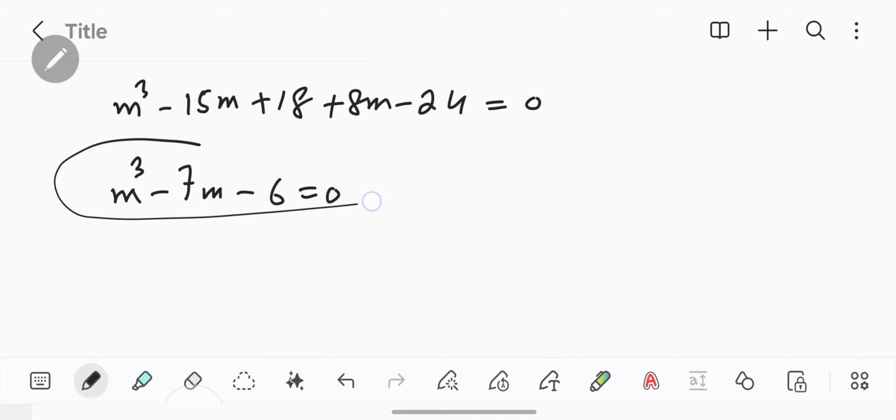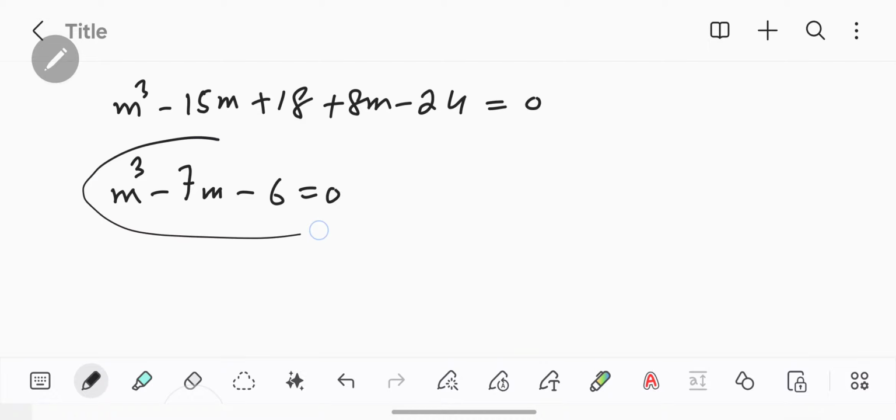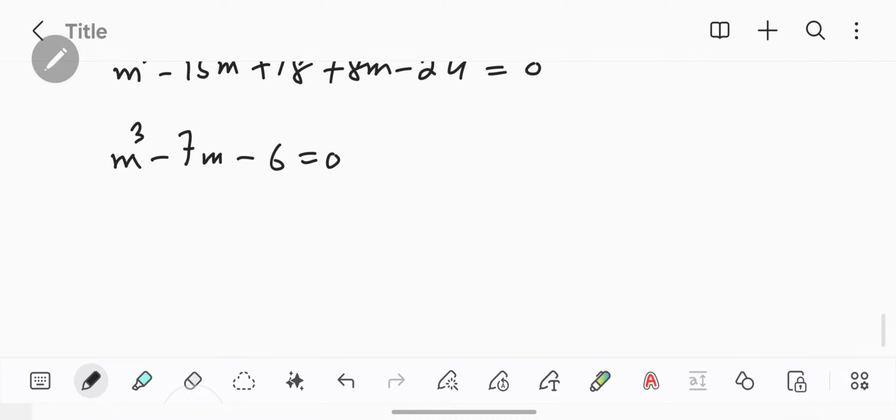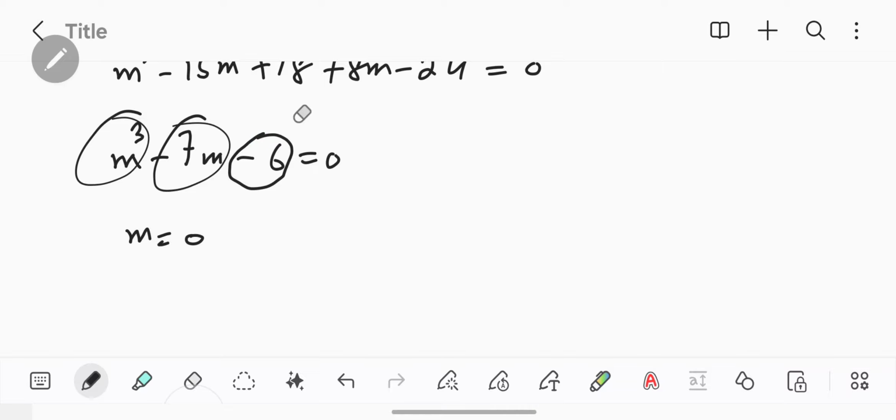Since this is the cubic equation, in order to solve the cubic equation, we will guess its first root. We will guess a number which satisfies this equation. For example, if you put m is equal to 0, here you will get 0, here you will get 0, but here you will get minus 6 is equal to 0, which is not a correct guess, okay?